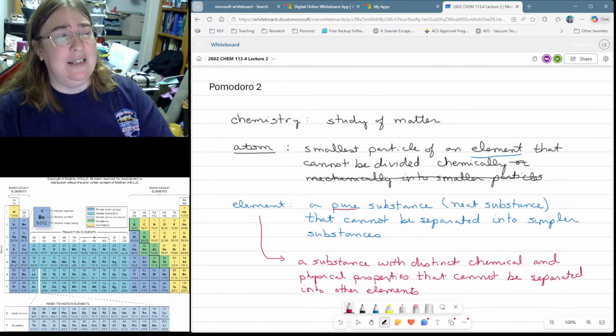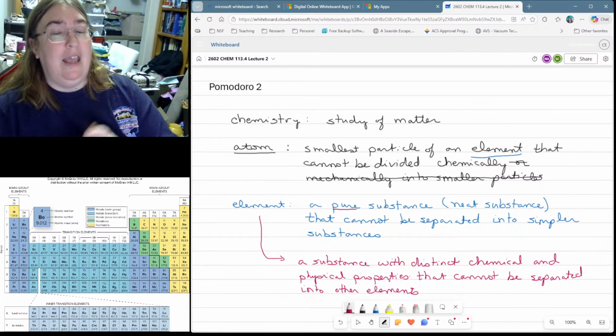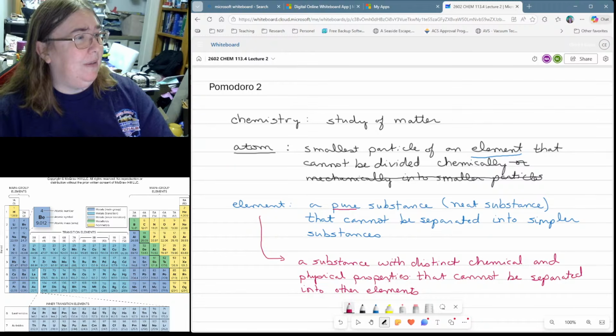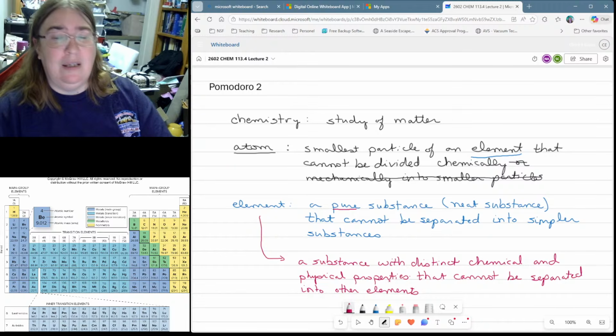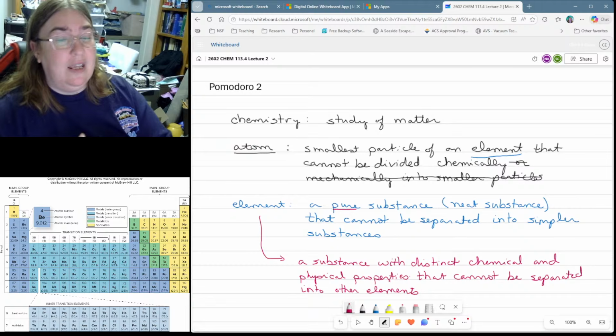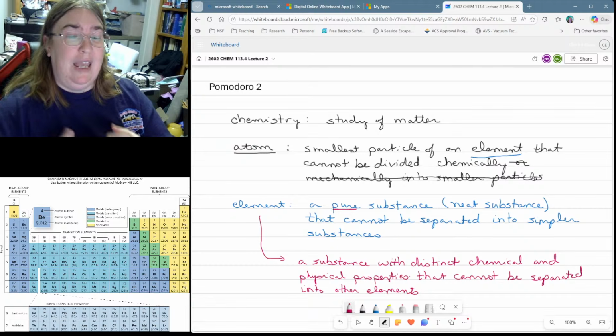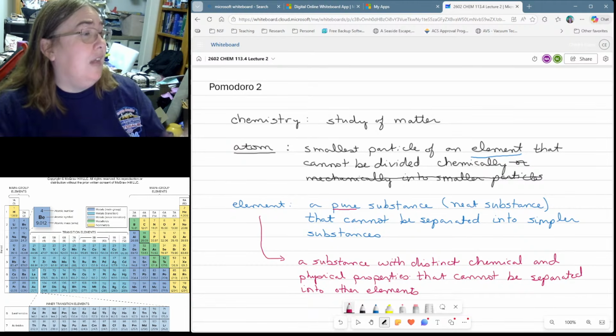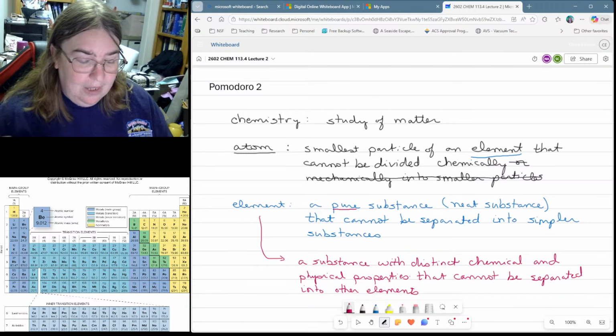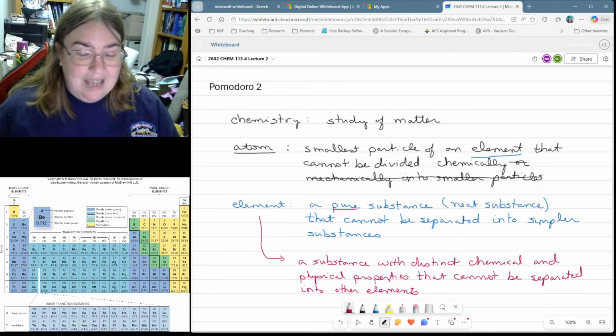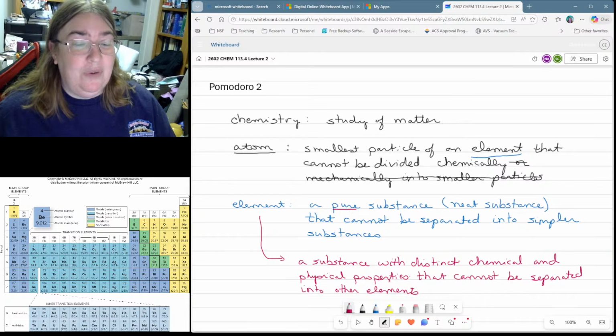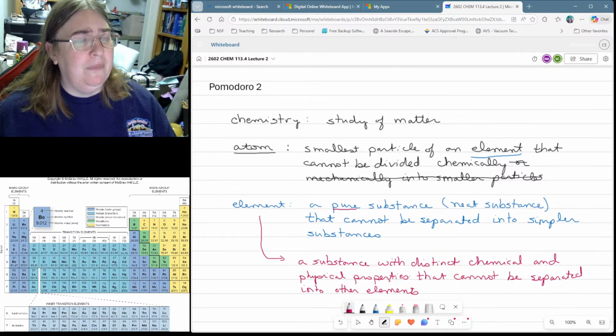It has the exact same chemical and physical properties it had before I did that. And that's because it's an element. It's a substance that's unique, has unique chemical and physical properties, and I can't get anything else. It's not a mixture. So that's kind of a better way to view it, even though it looks a little bit circular.